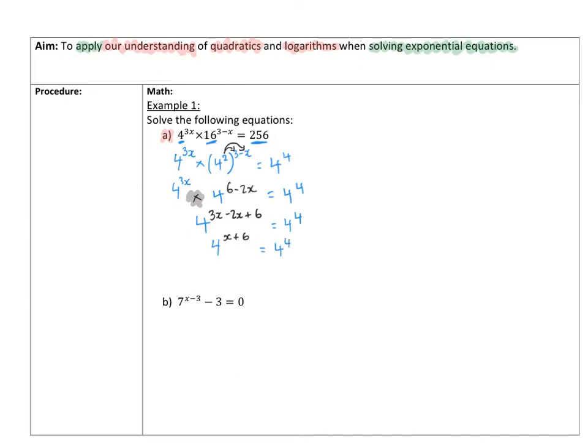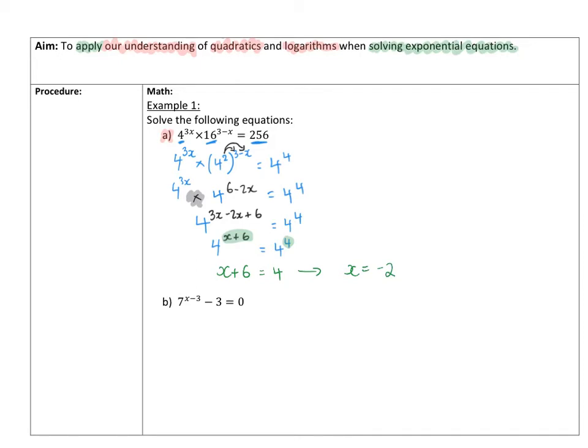Now we might read this as 4 to the something, let's call it x plus 6, is equal to 4 to the 4. So it seems quite simple here to equate powers. By equating powers, we're going to say x plus 6 equals 4, which you might notice implies x equals negative 2 if we subtract 6 from both sides.